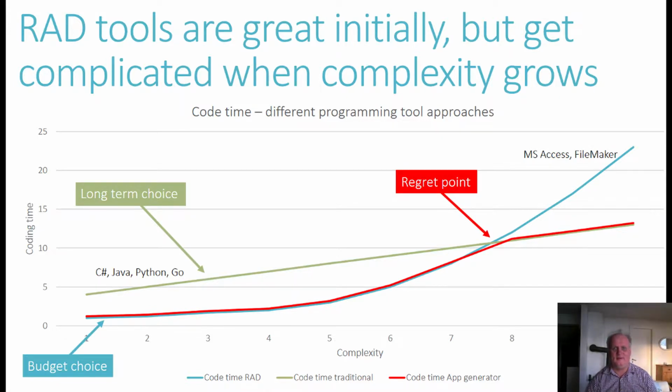Whereas if you use more traditional tools like C#, Java, Python as well, Python is actually a little better because you don't have to write nearly as much, but it's still in that category, and Go, then initially you will have to write and define a whole lot more than you'd need to in Access and FileMaker.